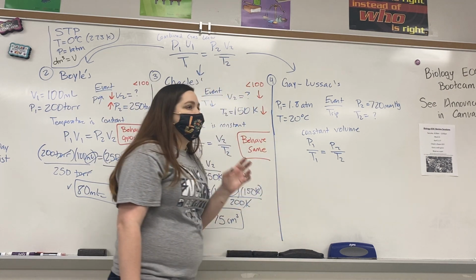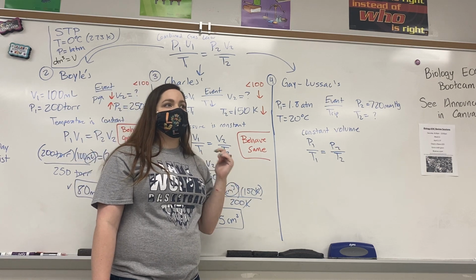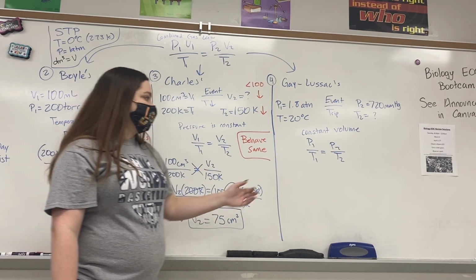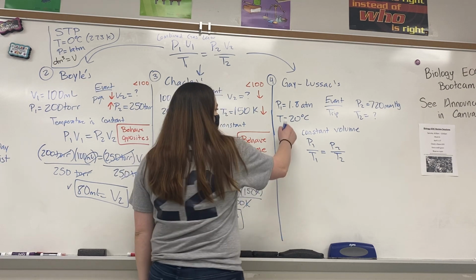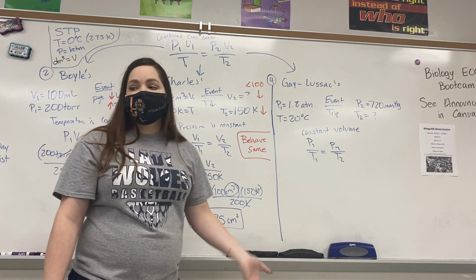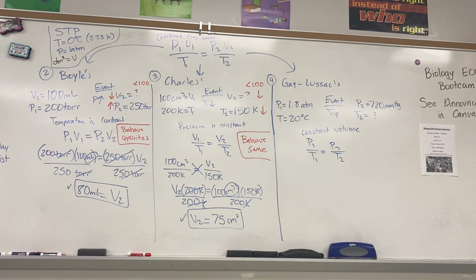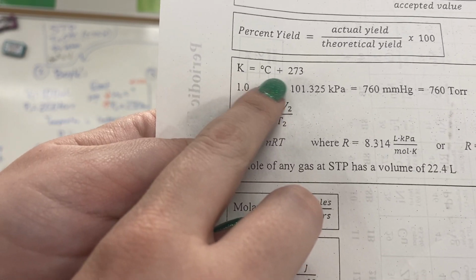All right, so now that I have my formula, now I need to figure out if I have anything to convert. Well, I have temperature, so I need to make sure that my temperatures are in Kelvin. This is in degrees Celsius, so I need to know how to convert between degrees Celsius and Kelvin. If I look at my formula sheet, the formula to convert between degrees Celsius and Kelvin is right here.